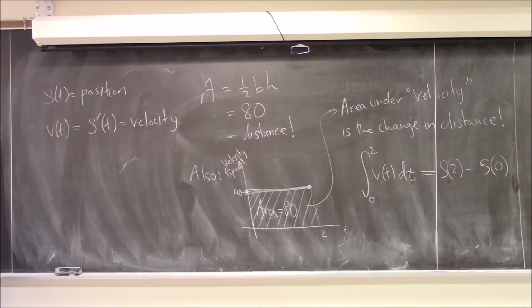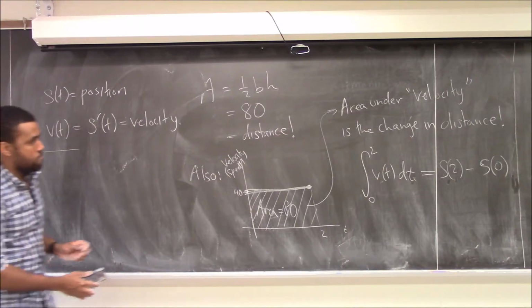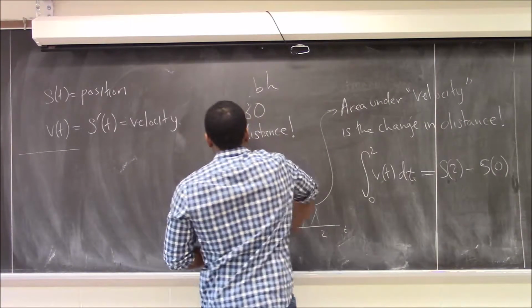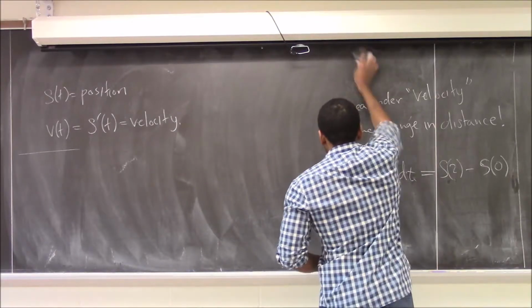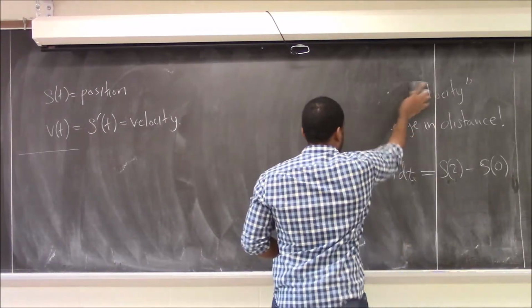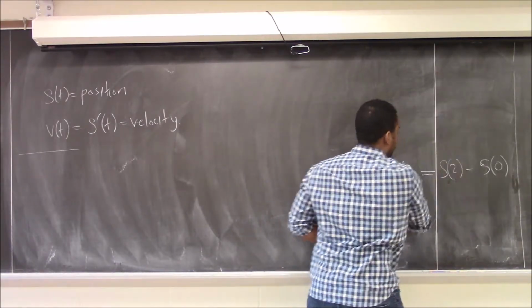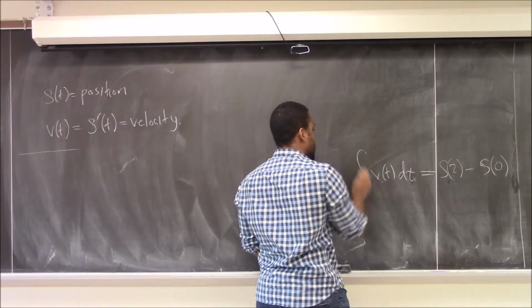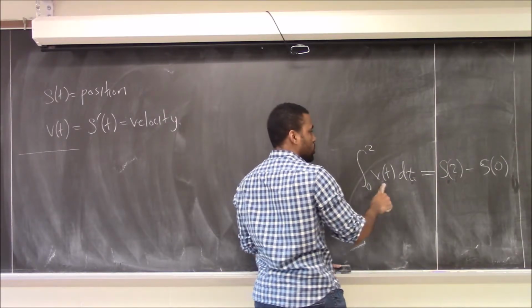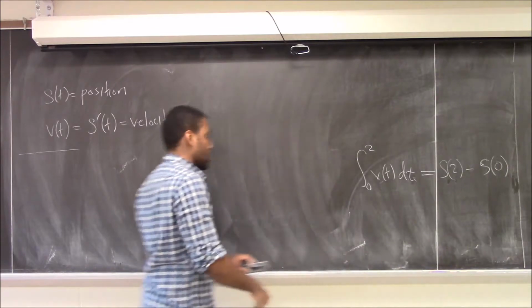I want to start introducing the notation now. Basically, I said here the area under the velocity graph between 0 and 2 was the difference in positions.